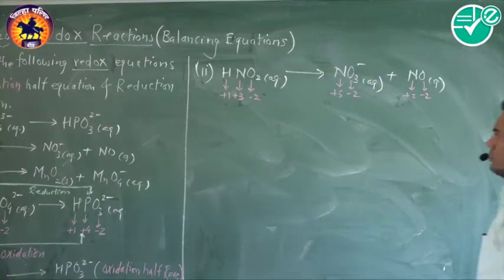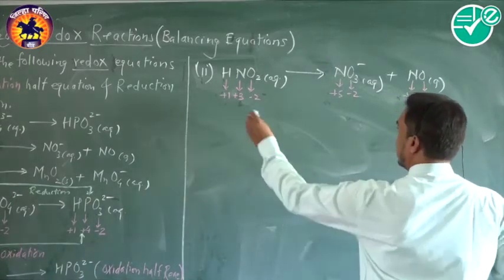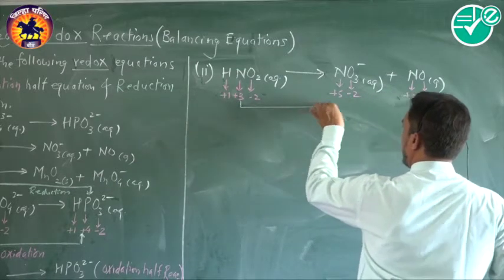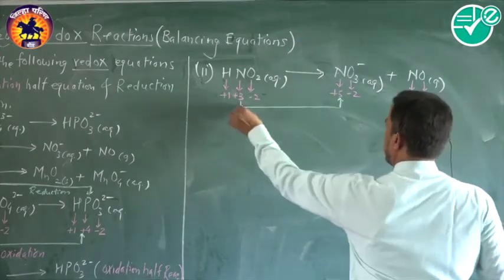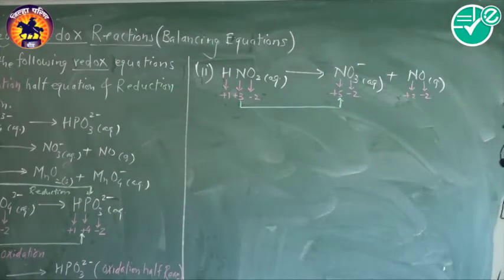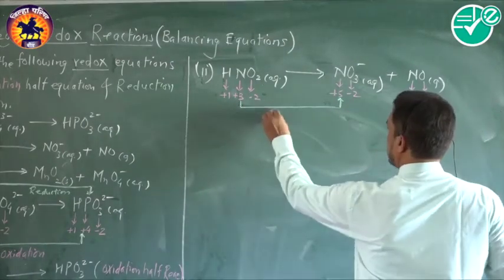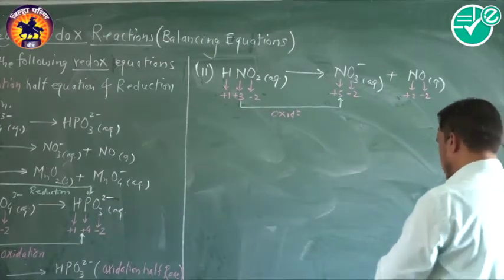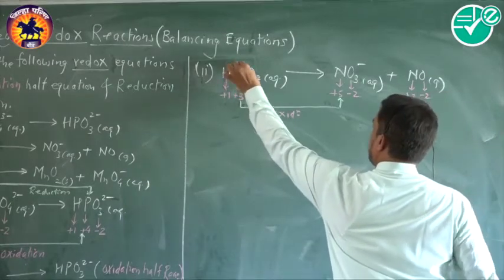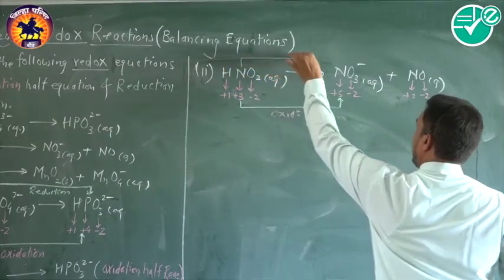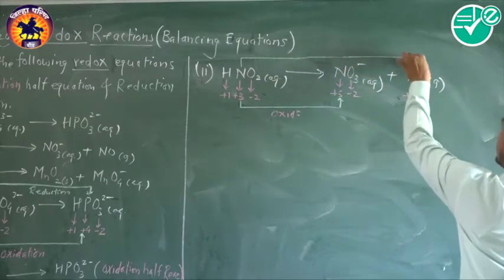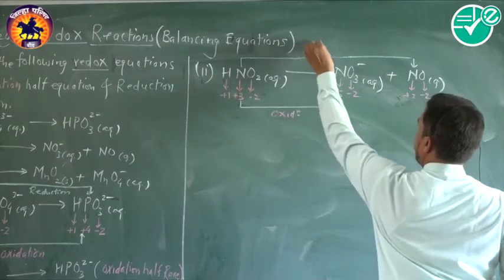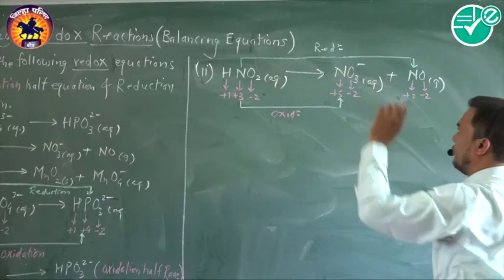Now we have to separate them. Nitrogen changes its oxidation state from +3 to +5. Here the oxidation state is increased, so it's called the oxidation half reaction. Whereas here the oxidation state of nitrogen changes from +3 to +2. Here the number decreases, so the reaction is the reduction half reaction.